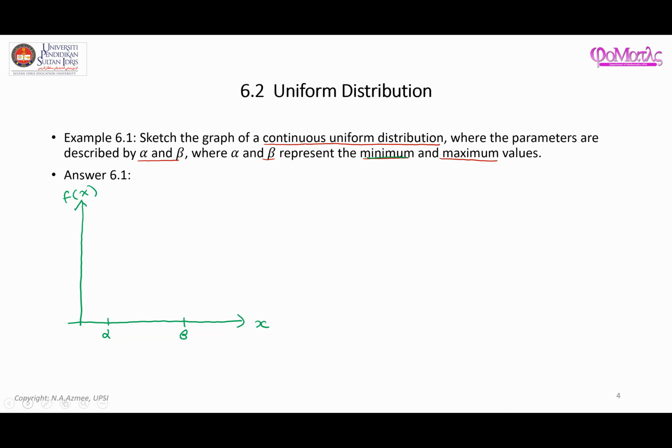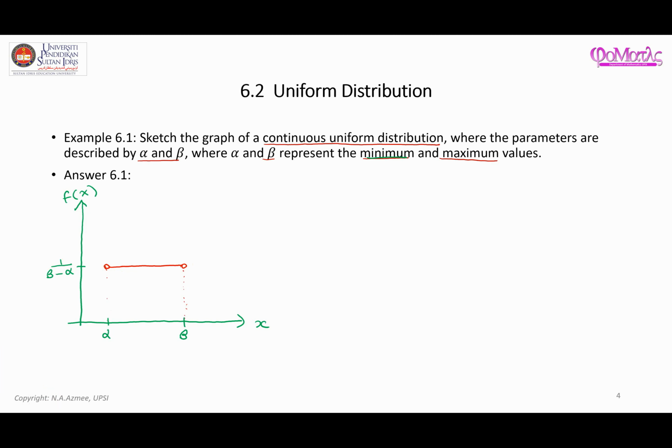We can imagine perhaps this is the point 1 over beta minus alpha. So here we have the graph at point alpha, it doesn't include alpha, and at point beta. The graph looks like this, and you can see that it resembles a rectangle.